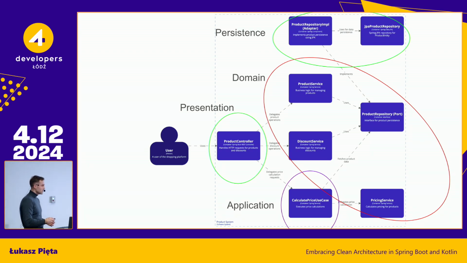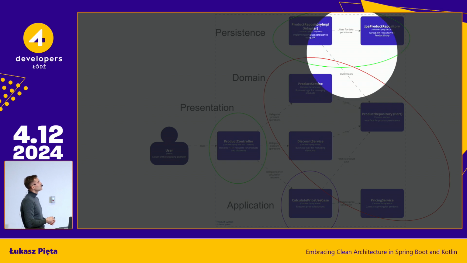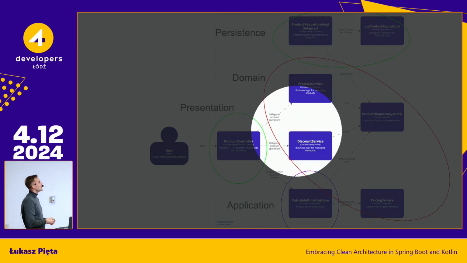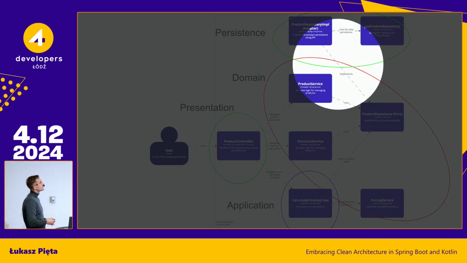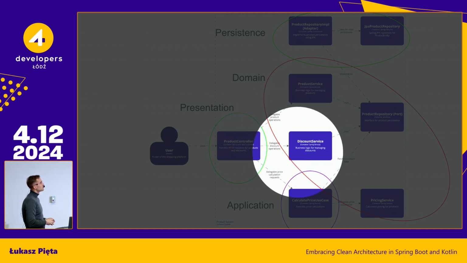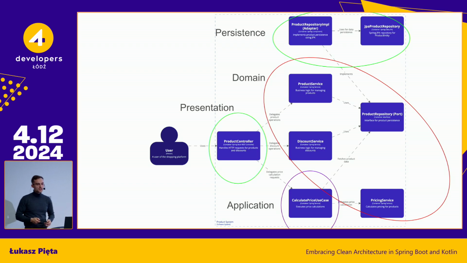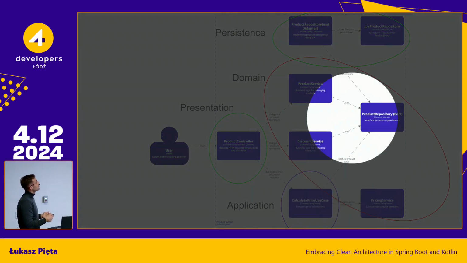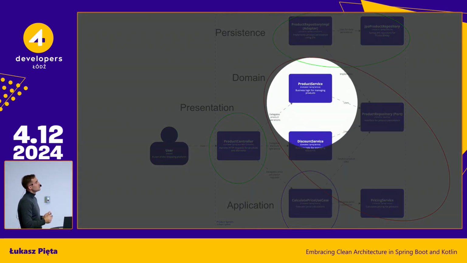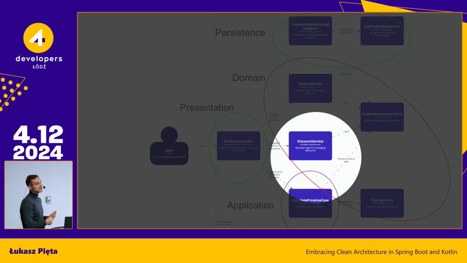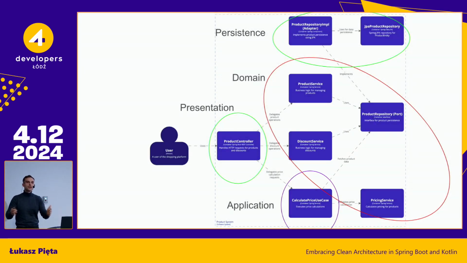Here, a very important thing is that any arrow crossing the line of the domain should point inside the domain. That's a very important rule when it comes to clean architecture. The other rule is that when we are at the same level, let's say we are in the domain, as with the product service here, we shouldn't call another service at the same layer, because that's one of the rules of clean architecture introduced by Uncle Bob.